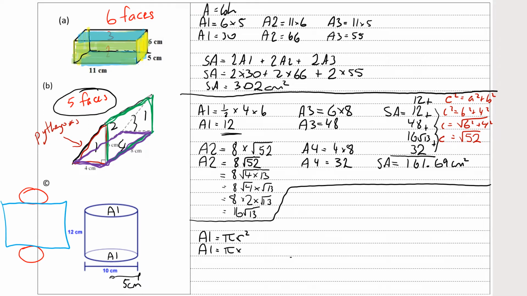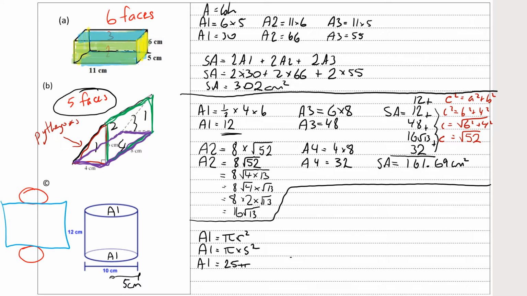So pi times 5 squared. Well, actually, let's leave it in exact form until the end. It'll be 25 pi, and we won't round until the end.